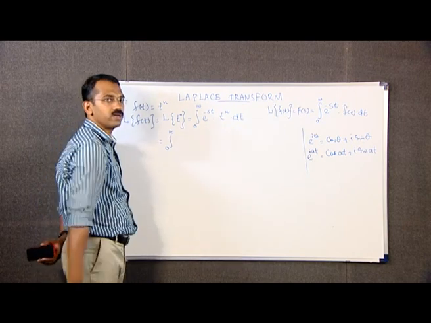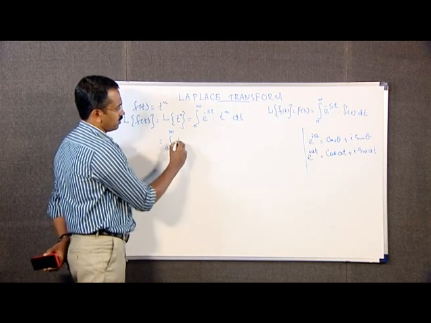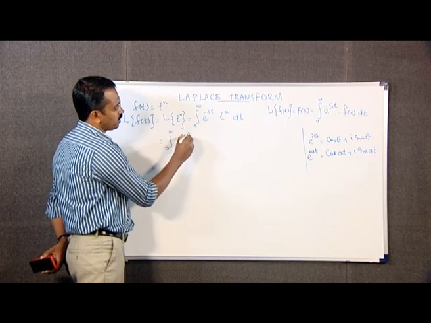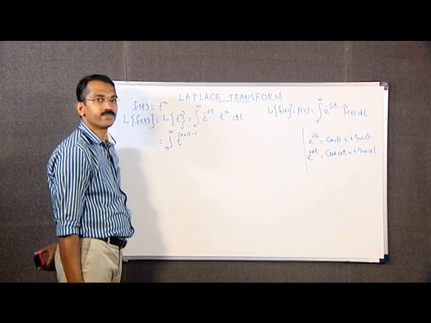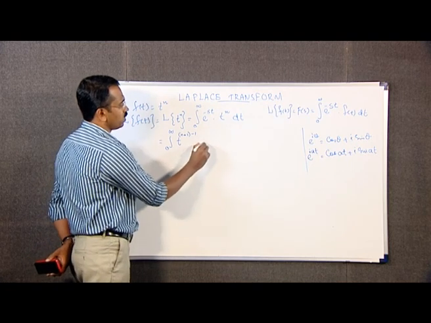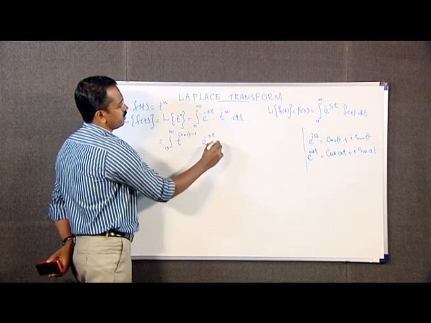Here t raised to n can be written as t raised to (n plus 1 minus 1) into e raised to minus st dt.